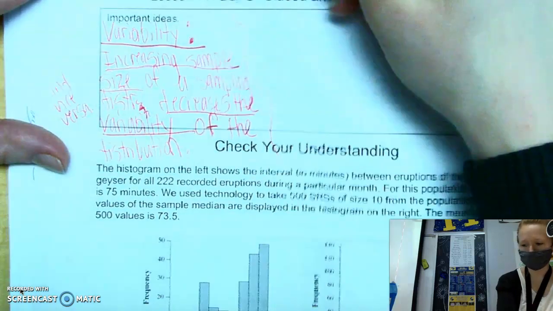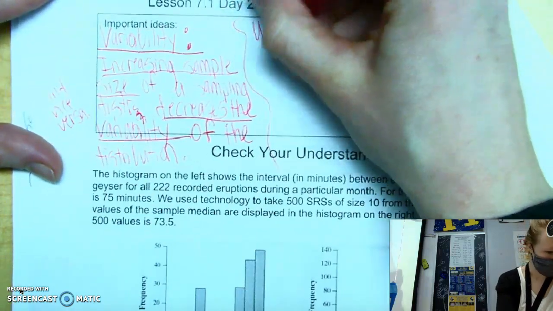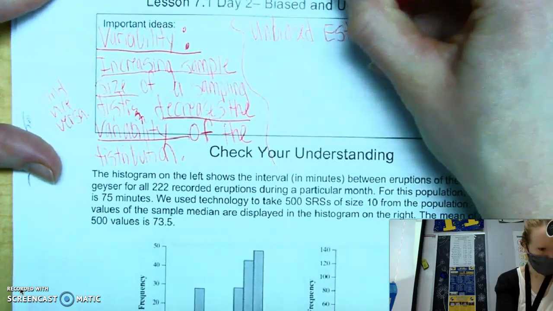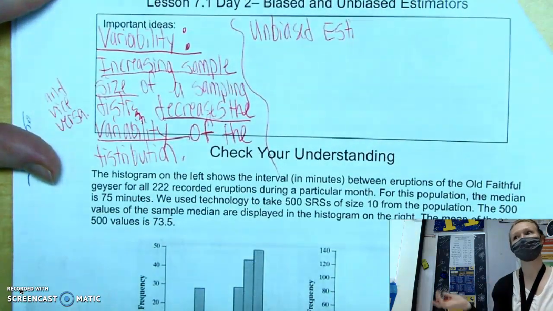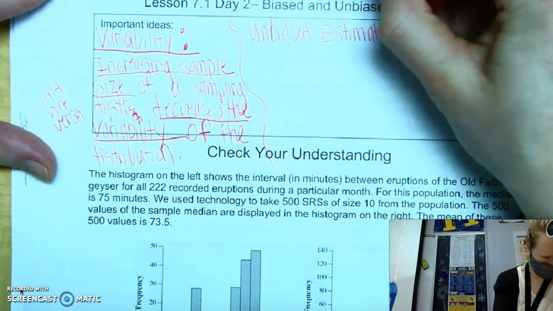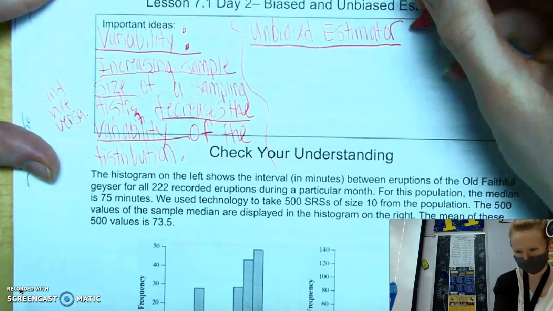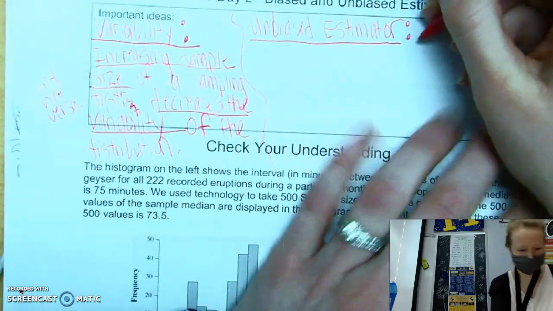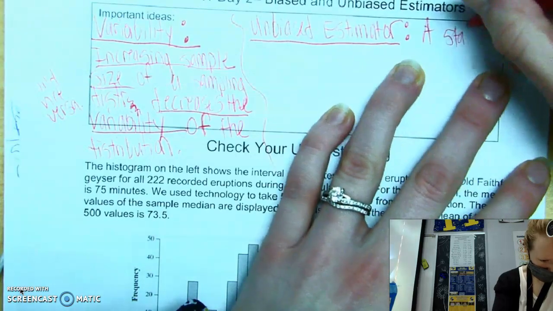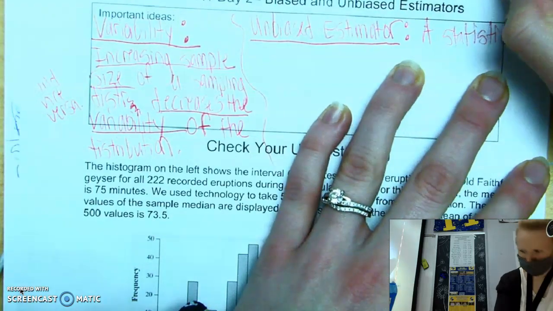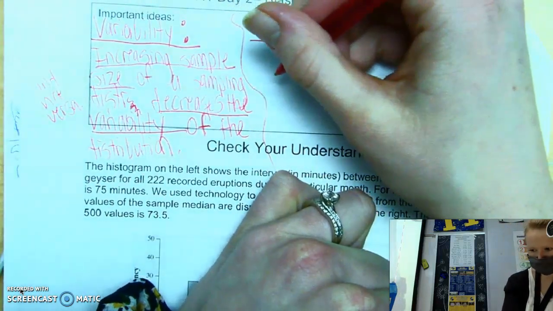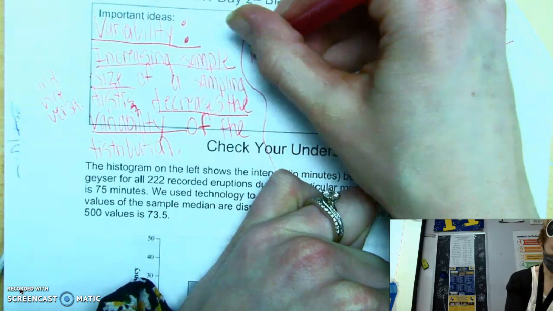If we're talking about estimators, an unbiased estimator, and this is a good thing, right? Bias is bad, so to be unbiased would be good. So what we want is an unbiased estimator. And what that means is we have a statistic that is unbiased.